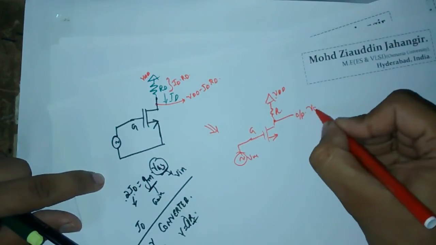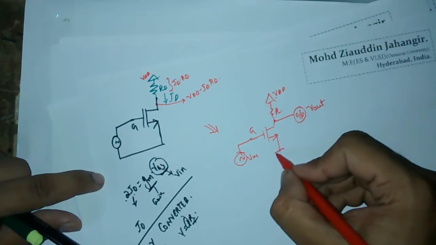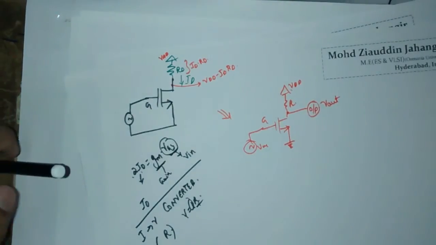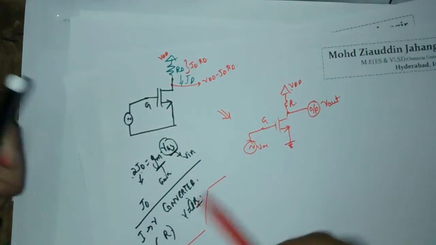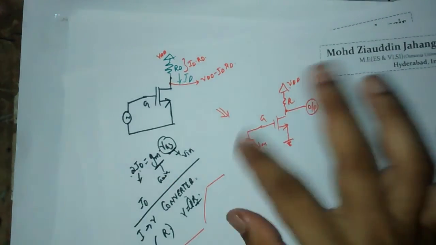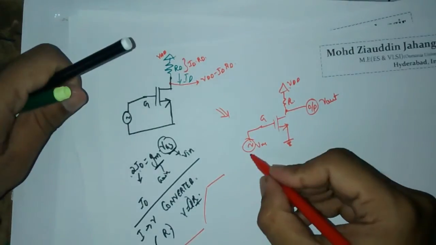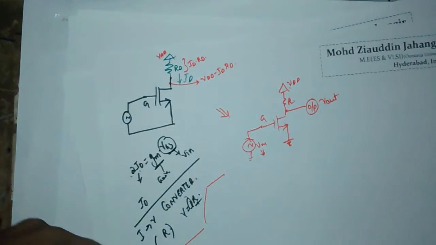Okay, we'll call it Vout, and the source is grounded. There are a lot of assumptions you have made during this process. The most important assumption is that the Vin value we have chosen is a very small value. Vin is a very small value.